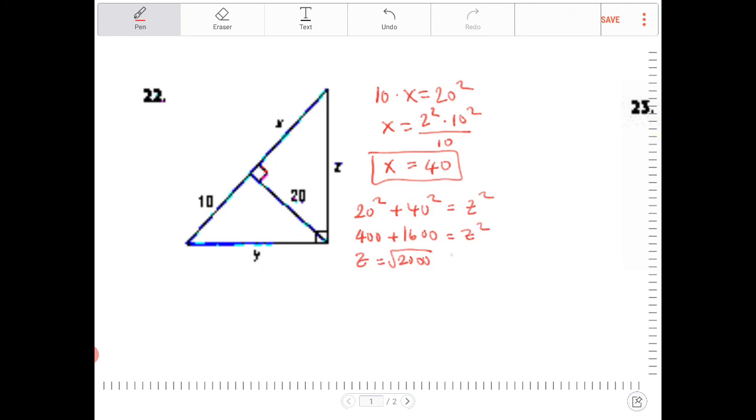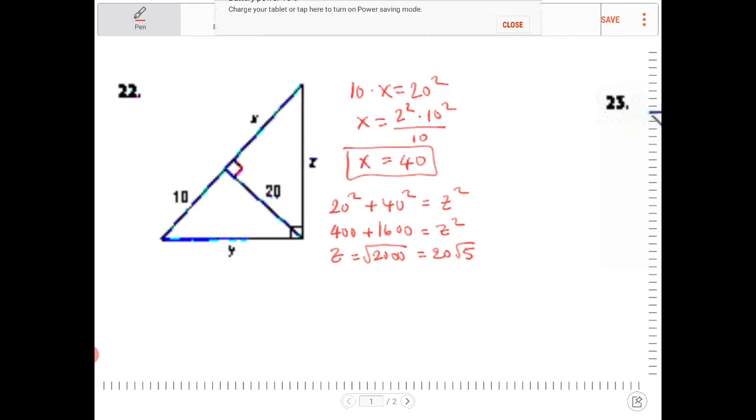Okay, so z is equal to 10 times square root of 20, which then 20 can be reduced to 2 radical 5. So this is 20 radical 5. There you go. So that's z.